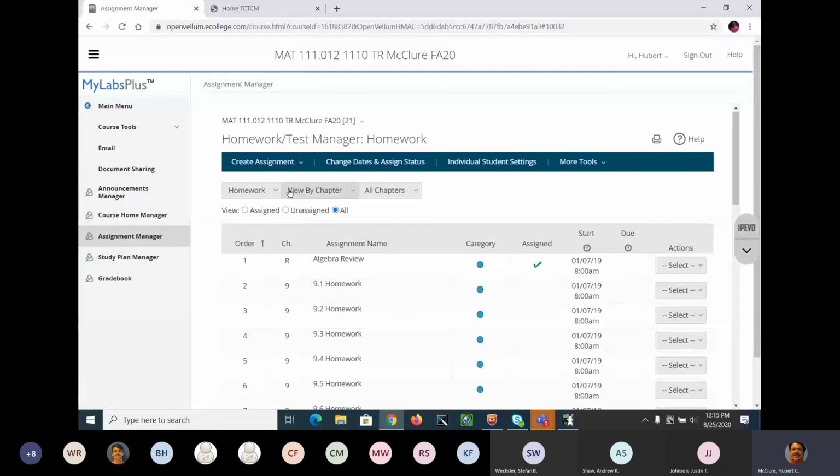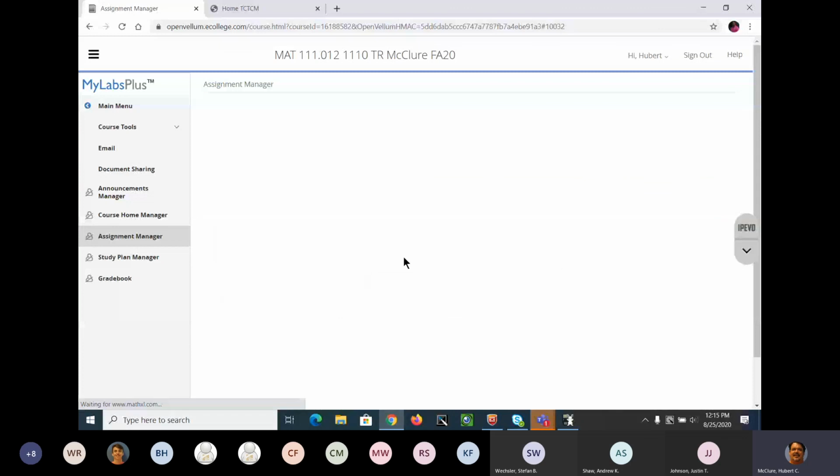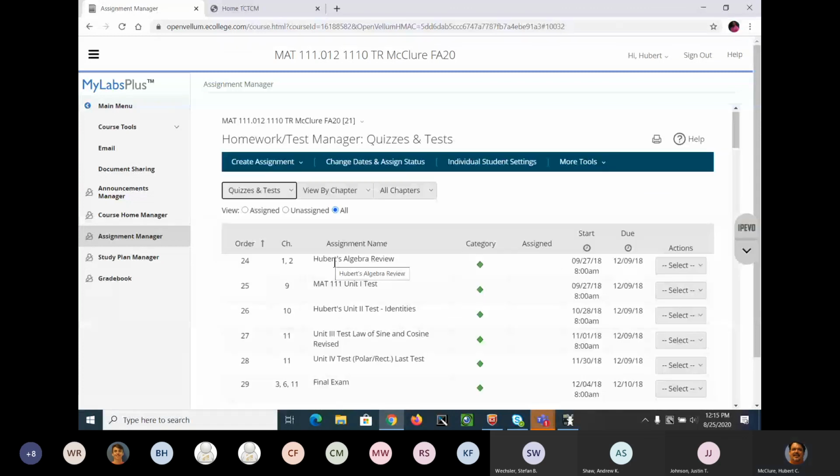Where's my test? There it is right there. It says 1 and 2, but I'm going to cut it off to 1, just 1 test. I don't know why it says 1 and 2 because it should say R. But anyway, I'll change it.